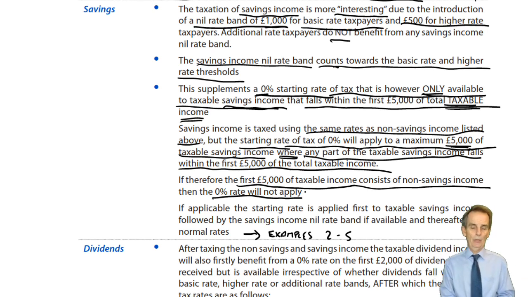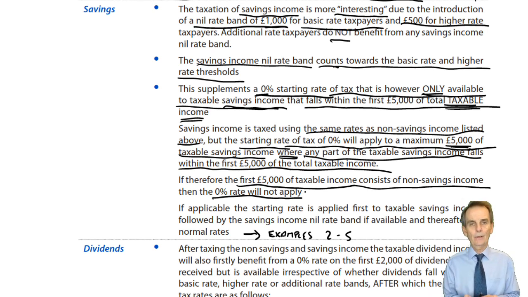So we know we've got a personal allowance of £12,500. If therefore our non-savings income was £12,500 or less, then it means that once you've used up your personal allowance, any of your savings income would be then firstly using up the first £5,000 of your nil rate band applicable to savings income.